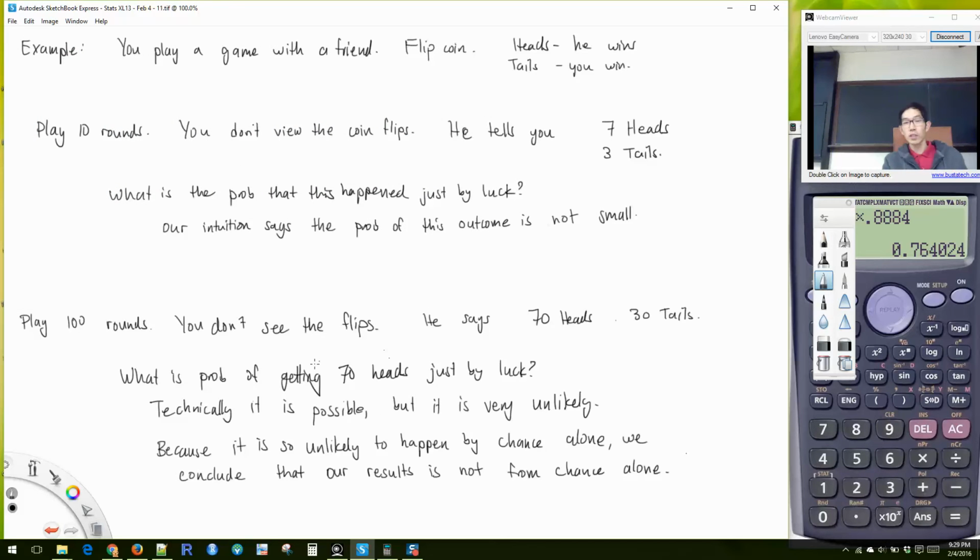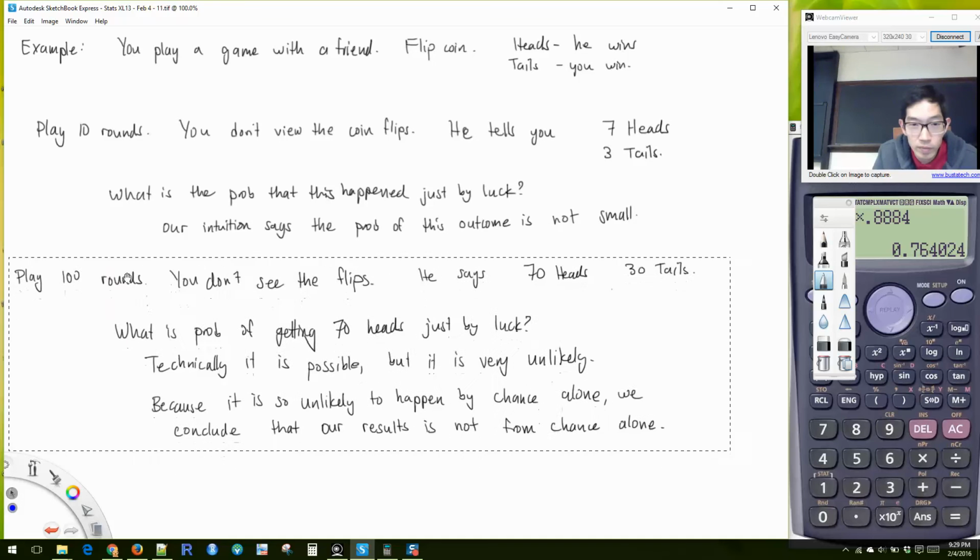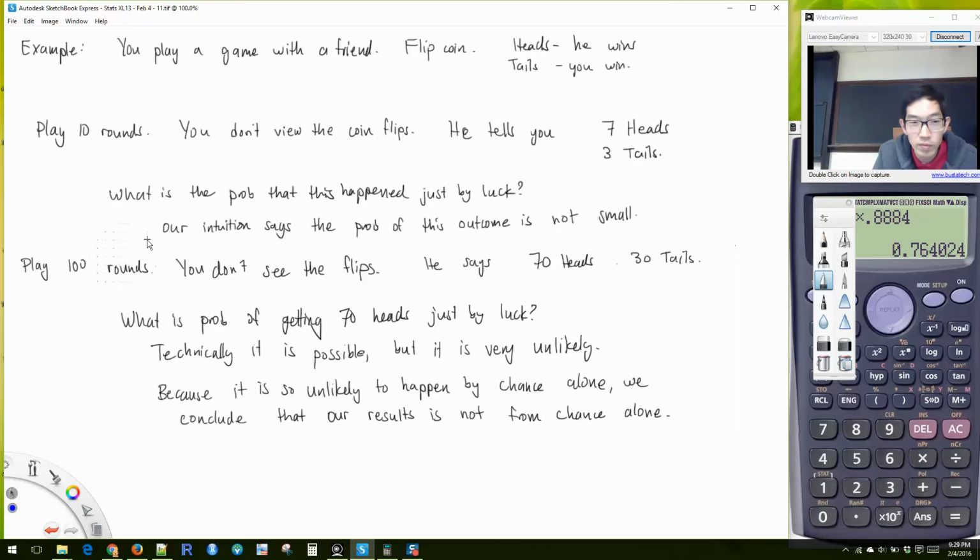And so in both of these cases, the pair of hypotheses that we used is that the null hypothesis is, basically, the friend is playing fair, meaning that the probability of getting heads is 0.5.